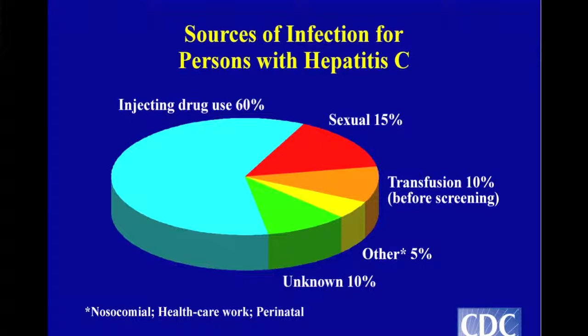Alright, this is according to the CDC. What was reported to them, sources of infection for persons with hepatitis C, 60% of the folks reported using and injecting drugs. 15% was sexual transmission. Transfusion was about 10% before the screening process. And then other or unknown account for about the other 15%.